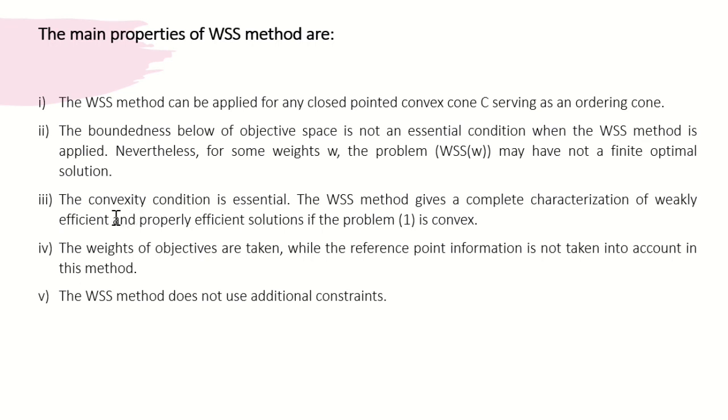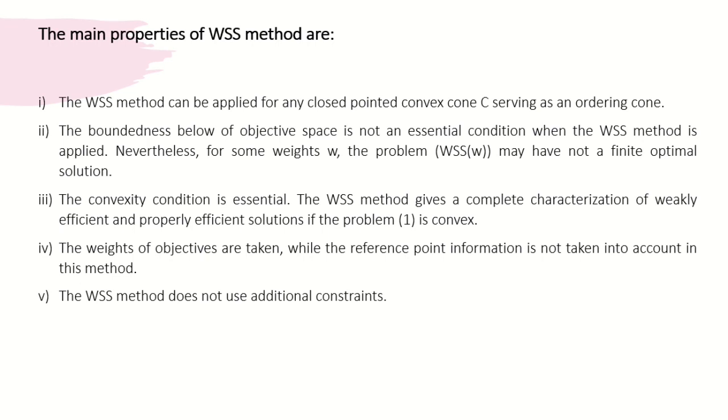Another feature is the convexity condition, which is essential for this method. And the other one is that as a decision maker's preference, we will consider the weights for our objectives, but the reference point information will not be taken into account. And the last one, as I mentioned before, is that this method does not use additional constraints.